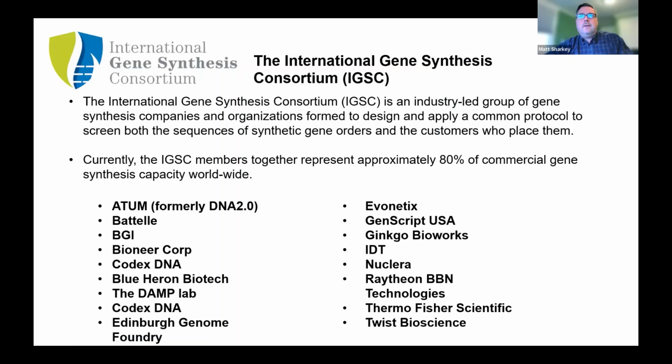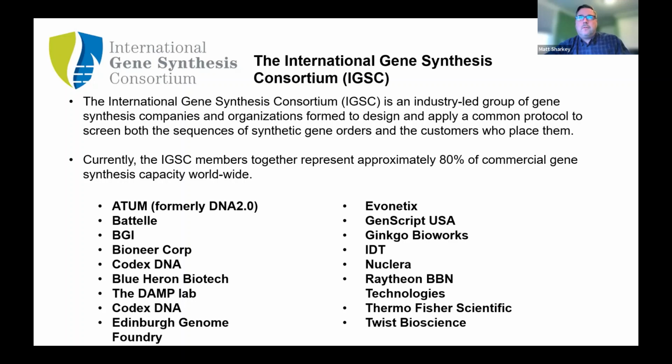Thank you to the International Gene Synthesis Consortium, which self-reports that they encompass about 80% of commercial gene synthesis capacity worldwide. I don't think that they or we know that that's the case, but they're certainly a big organization. They have all of the big players in synthetic double-stranded DNA provision, and they require a harmonized screening protocol that is consistent with the recommendations in the 2010 guidance.